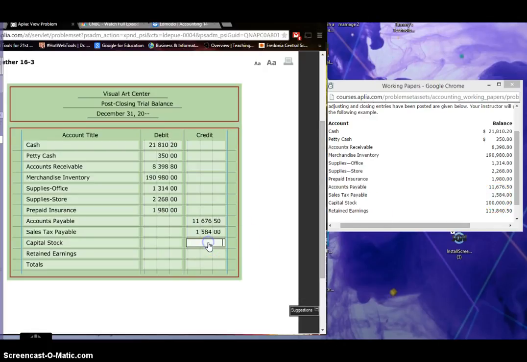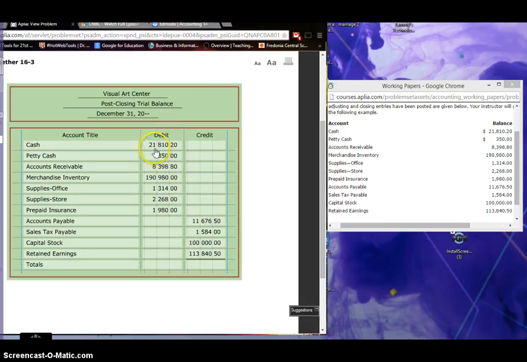Capital stock, that's in our equity section, and remember we have stock when we have a corporation, so that is going to be a credit of $100,000. And retained earnings is also going to be a credit. Retained earnings is the amount of earnings we are keeping in our business and not distributing to our stockholders.